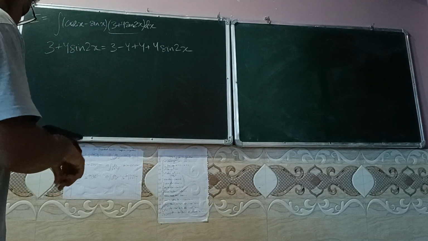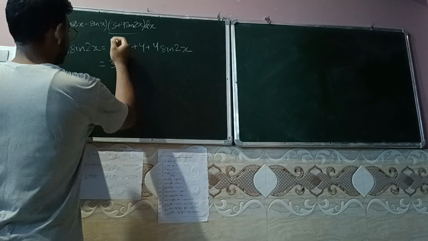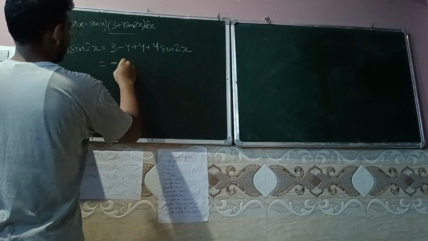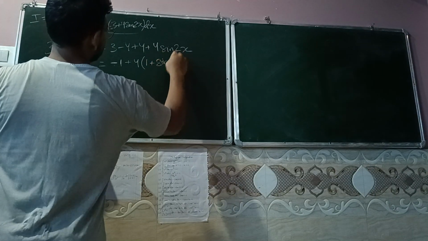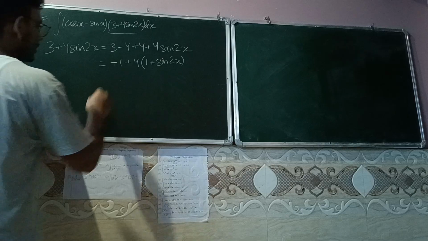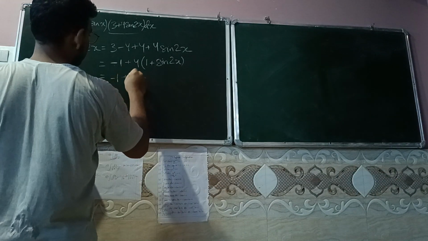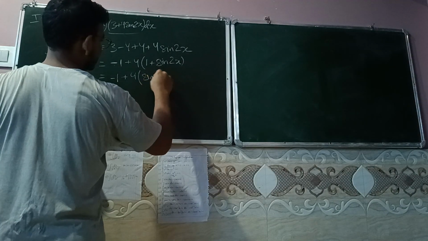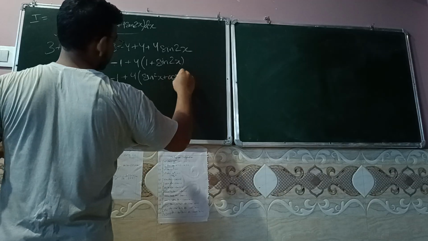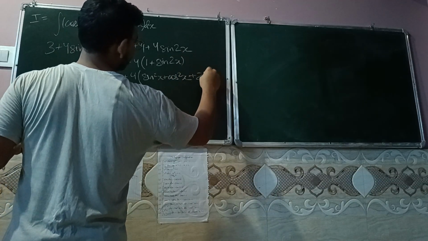Now 3 minus 4 is minus 1, so minus 1 plus 4 times (1 plus sine 2x). And minus 1 plus 4 times 1 can be written as sine square x plus cos square x, and sine 2x is nothing but 2 sine x cos x.